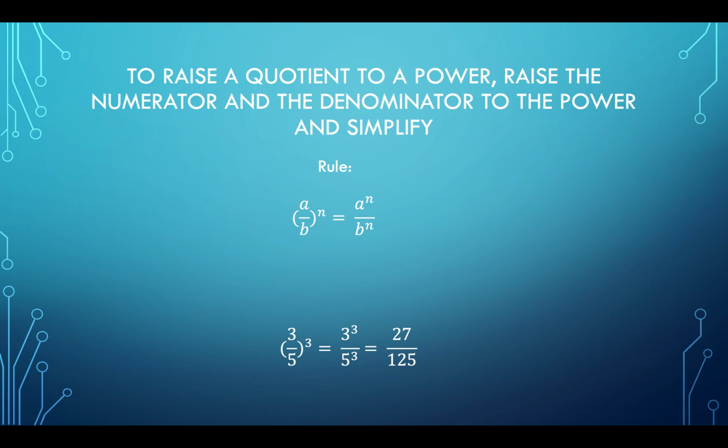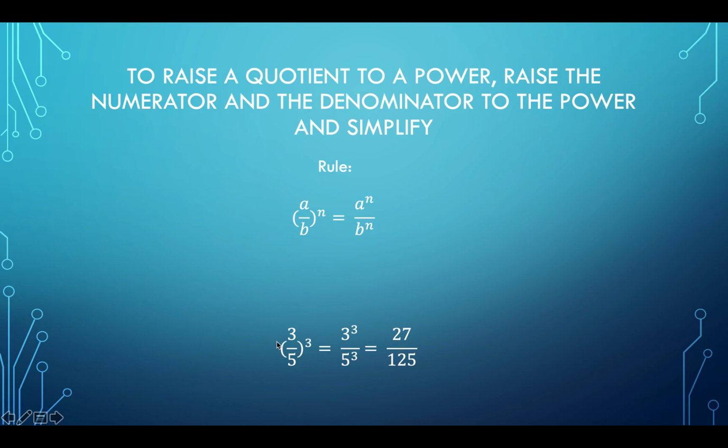To raise a quotient to a power, so you're going to have a fraction, raise the numerator and the denominator to the power and simplify. So what that means is you're going to have in parentheses a over b all to the n power. So we're going to have a to the n over b to the n. Let's do that with numbers.